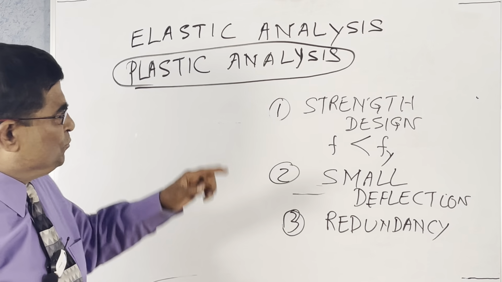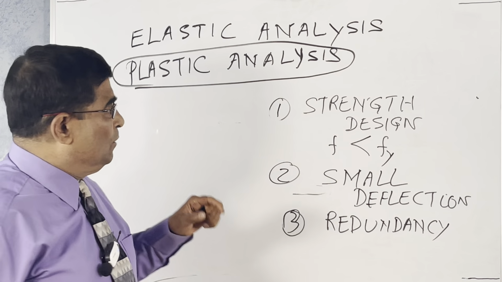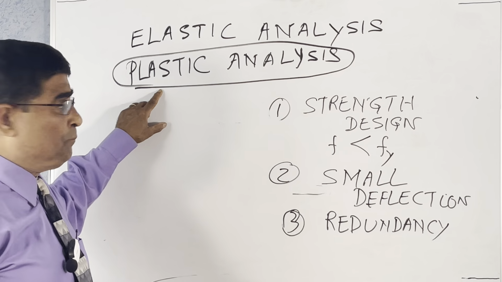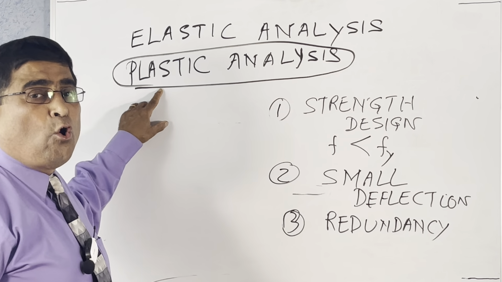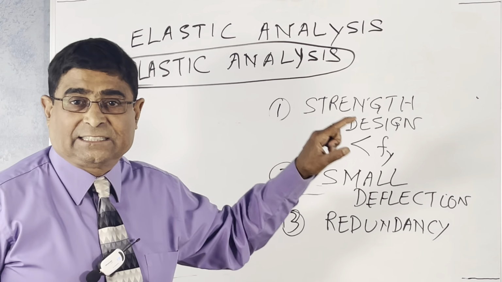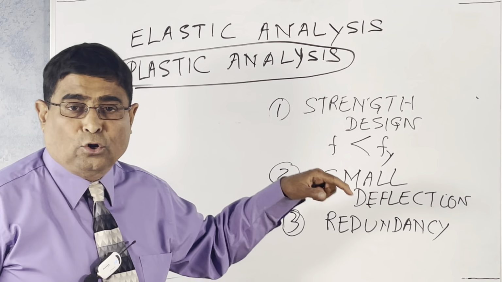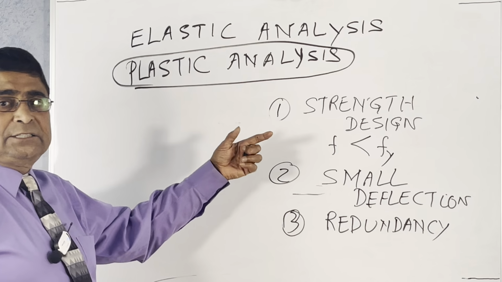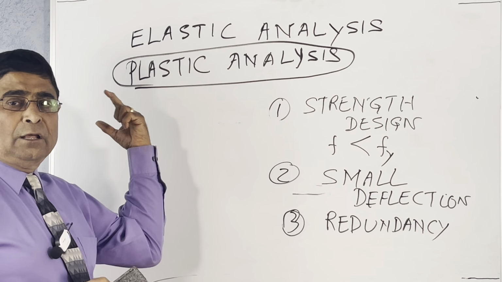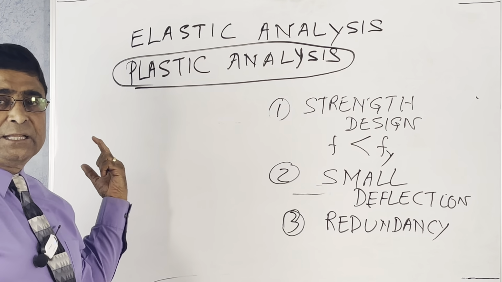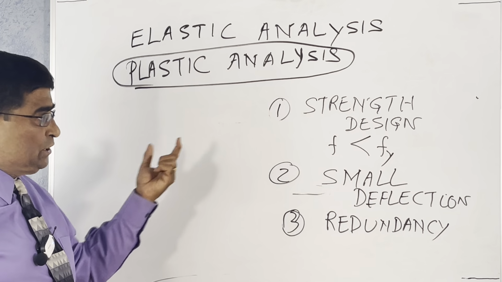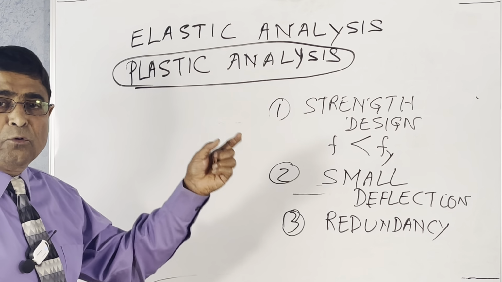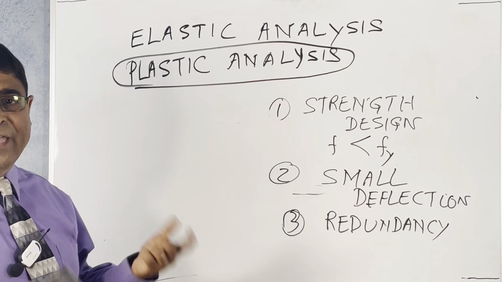In plastic analysis, we allow the structure to go beyond the elastic range. It goes to the plastic stage, and the moment is distributed to some other part, where the plastic moment also develops. This way hinges form, and ultimately it forms a mechanism and fails.